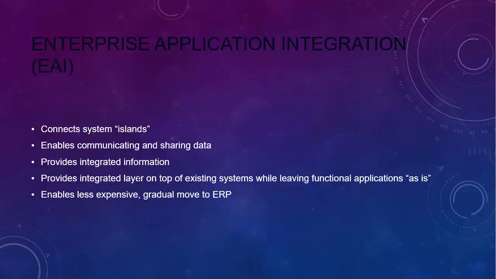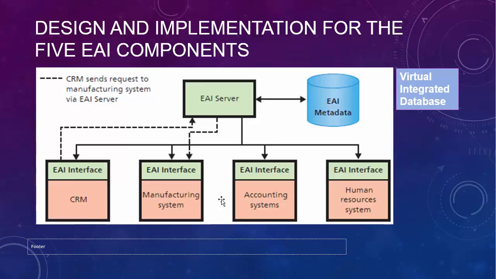And so here you see they think about it as an integrated layer on top of those existing systems. And so if you have something like that and you need to be able to talk to each other, then this might be a cheaper way to go, and then you would gradually move on to an ERP system. So graphically, it might look like the following.